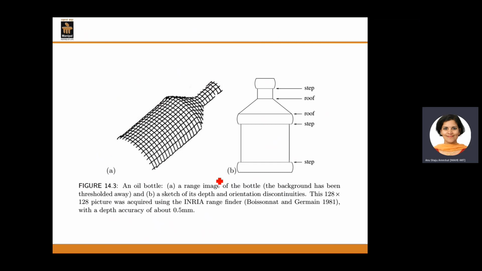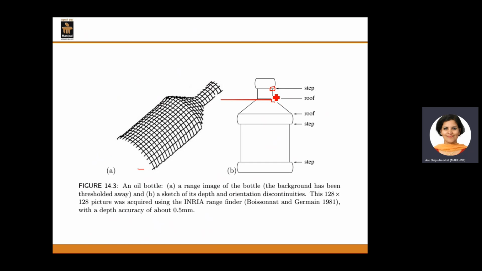Here is an example of a range image on the left side, and on the right side you can see the steps and roofs which have been identified in the same image. On this side there is a step because there is a sudden discontinuity, but here this is a roof because it is moving in one direction and then the direction changes.